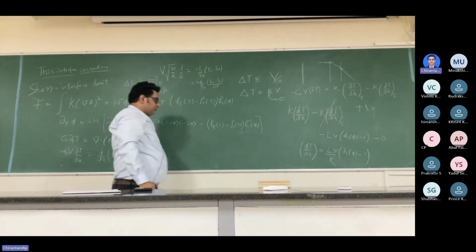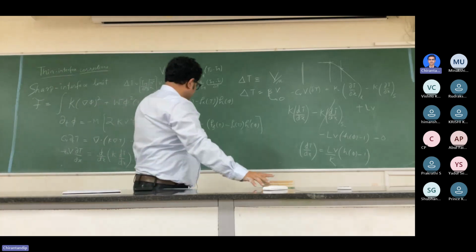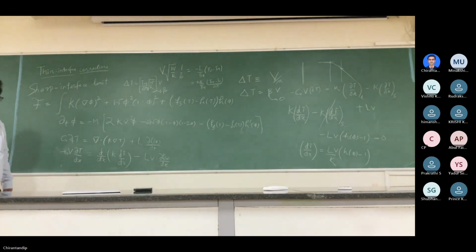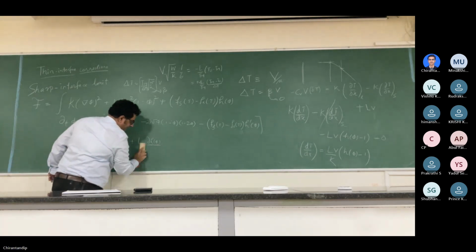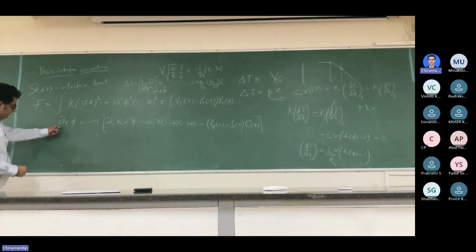Now with that, what we are going to attempt is to allow for this deviation while we are trying to get the steady state velocity of the interface. So we'll write it down again.